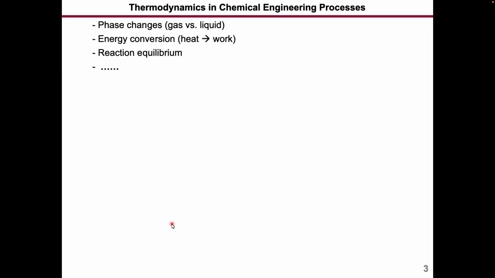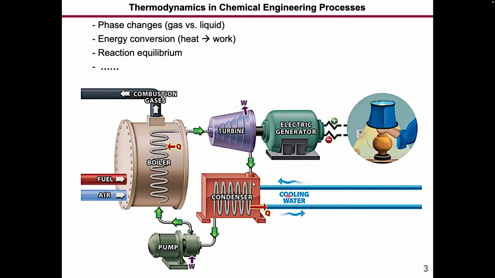So thermodynamics is the science describing phase changes, energy conversion, and reaction equilibrium. All these processes are highly relevant in typical chemical engineering processes, okay? Now, imagine a chemical engineering plant: you will have a condenser, pump, boiler, right? And then a turbine engine, and the turbine has some motion to convert mechanical work to electricity, right?